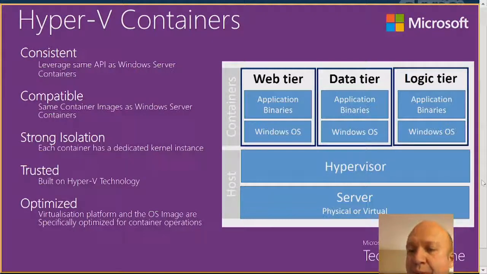Now this isn't for everyone, and most people are probably just going to go with the regular Windows containers. But this one does have the benefits of, I'm writing code that is to be trusted, I'm writing code that I want to completely isolate from everybody else, and in those specific scenarios we can bring up the Hyper-V containers and get them communicating with the Windows containers in the same environment.